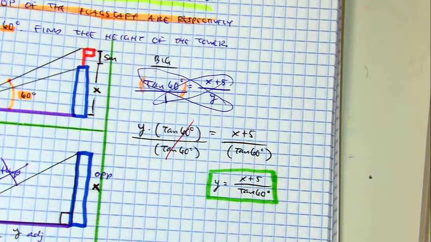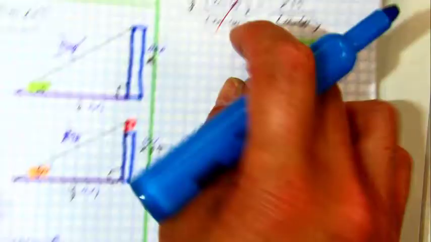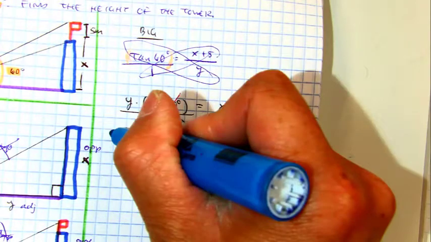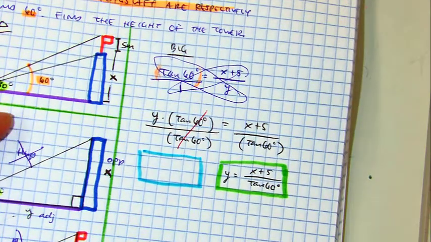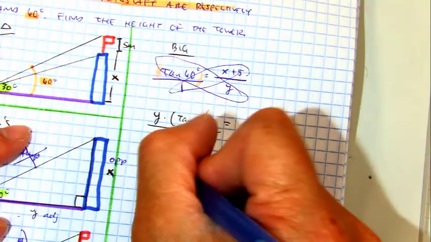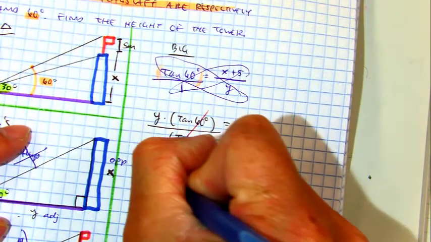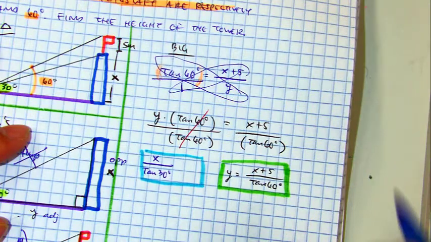Alright, let's put the blue, this part, right next to this one. X over tangent of 30 degrees is equal to y.